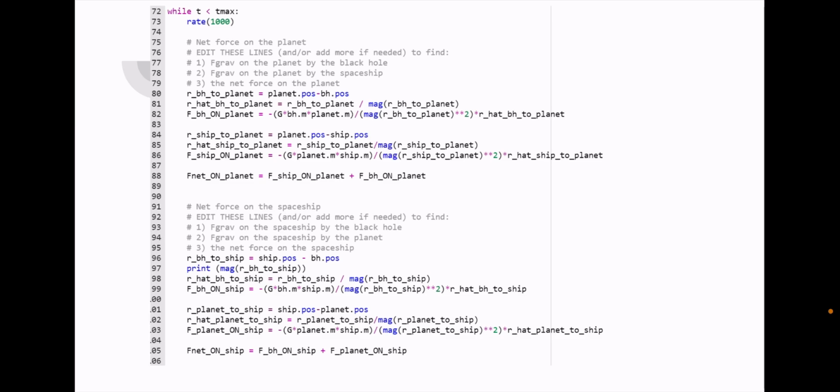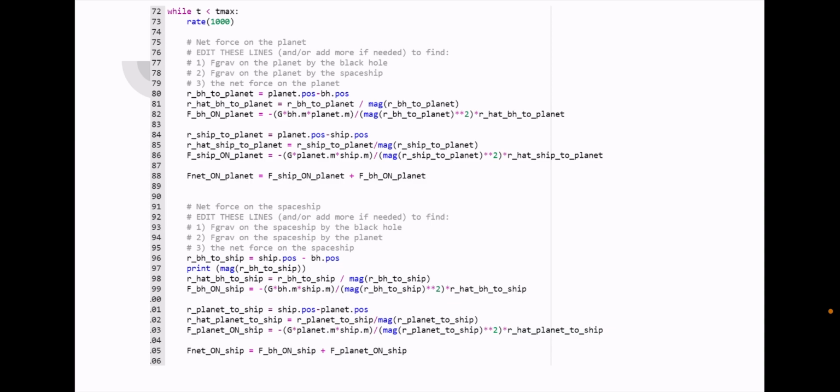So we have the positions. Subtracting them from each other gives you the position vector, the r from the black hole to the planet. It's always final minus initial. Force is G times mass over r squared times r hat.